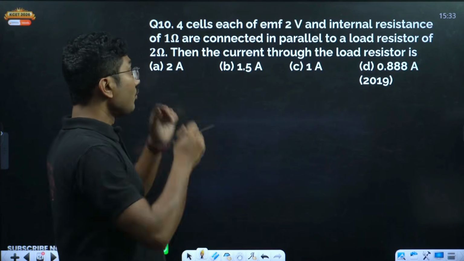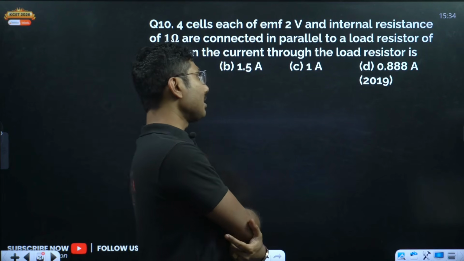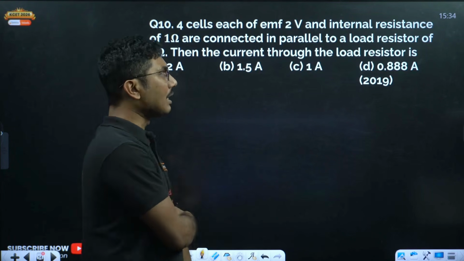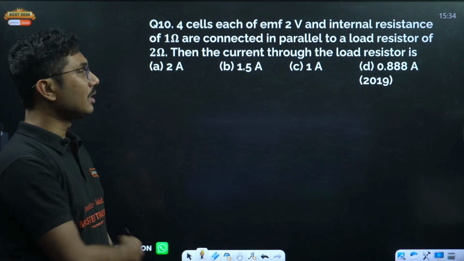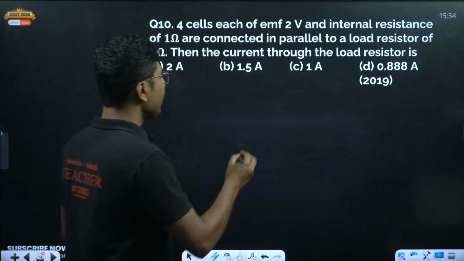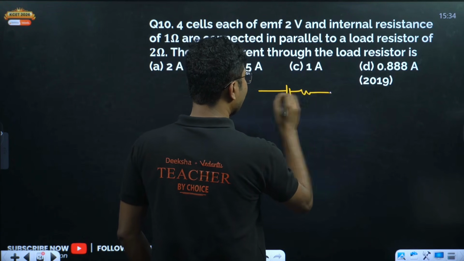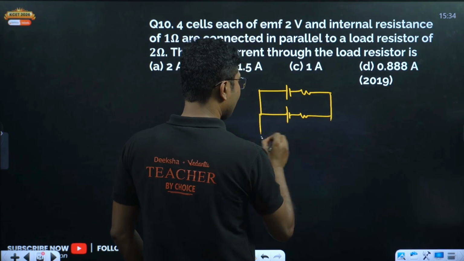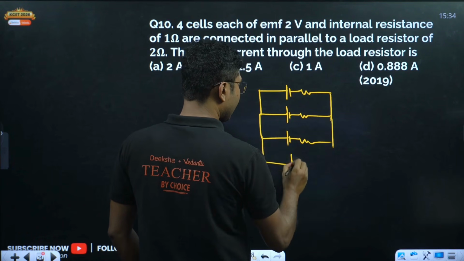Now next, 4 cells, each of EMF 2 volt and internal resistance of 1 ohm, are connected in parallel to a load resistor of 2 ohm. Then the current through the load resistor is. So here we have 4 cells connected in parallel. When we connect equal EMFs in parallel, you don't need to calculate the equivalent EMF.